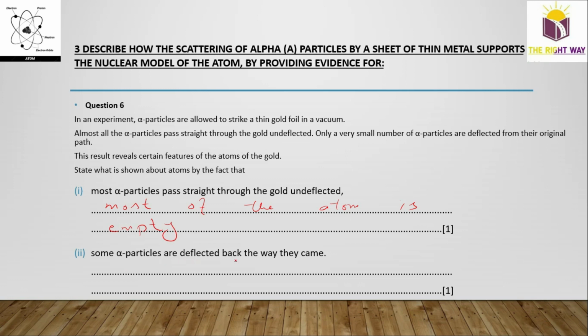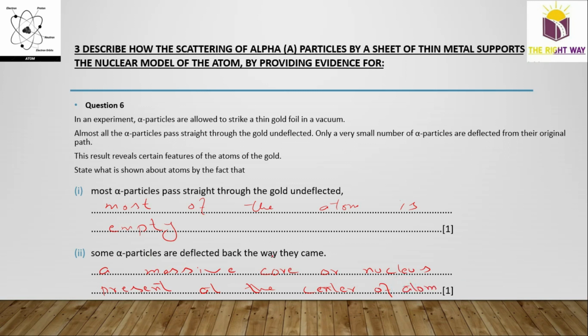Some alpha particles are deflected back the way they came. A massive core or nucleus is present at the center of the atom.